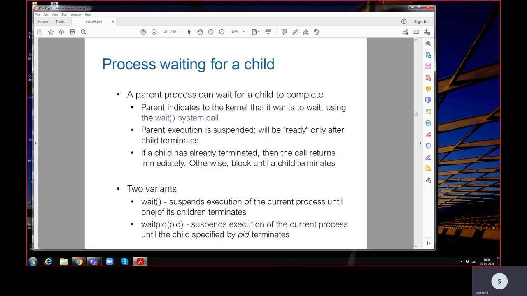There is another version called waitpid, where you specify a particular PID. By this PID, you are designating one particular child. So you are saying suspend execution of the current process until the child specified by PID terminates. So with wait, we are waiting for any child to terminate, whereas with waitpid, you are waiting for a particular child to terminate, the one that you designate using PID.